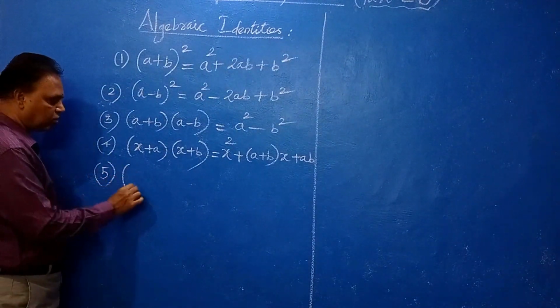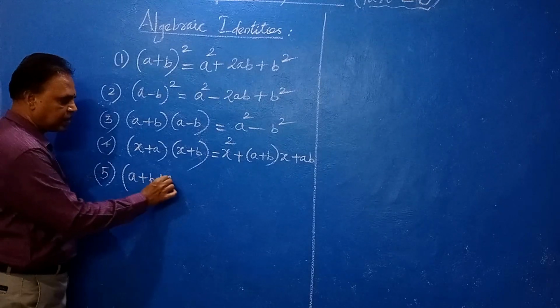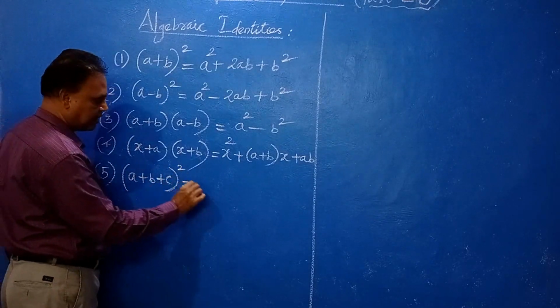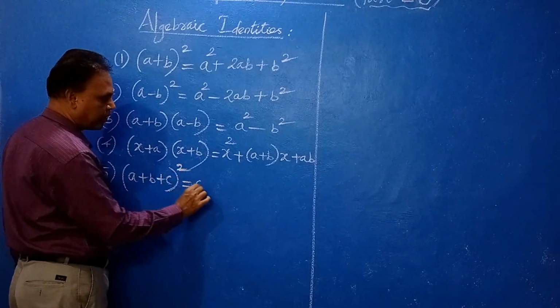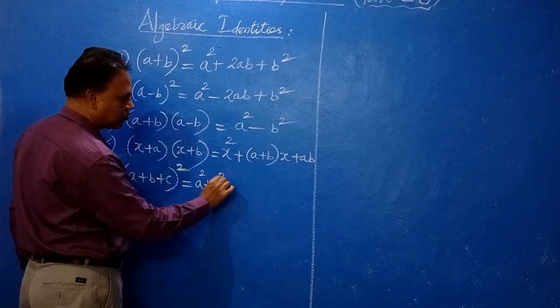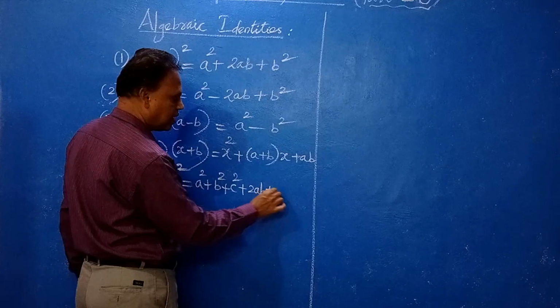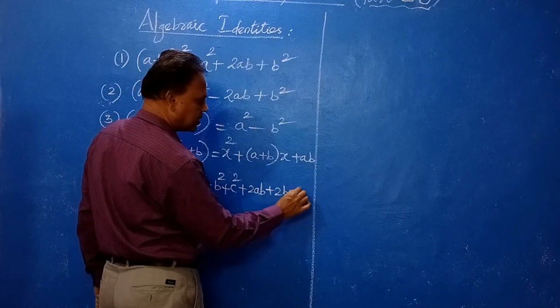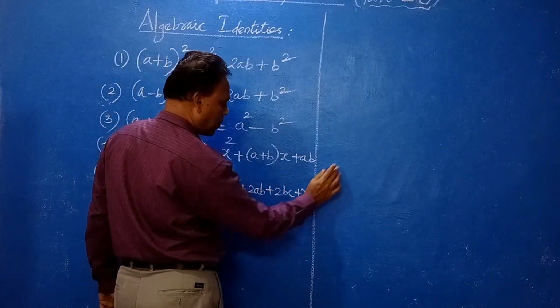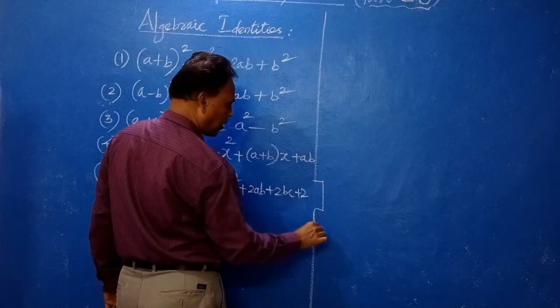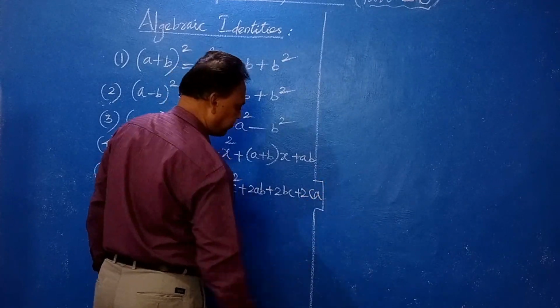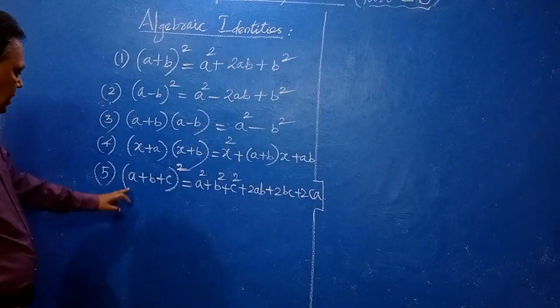Fifth identity, called (a + b + c) whole square, is equal to a squared plus b squared plus c squared plus 2ab plus 2bc plus 2ca. Clear?